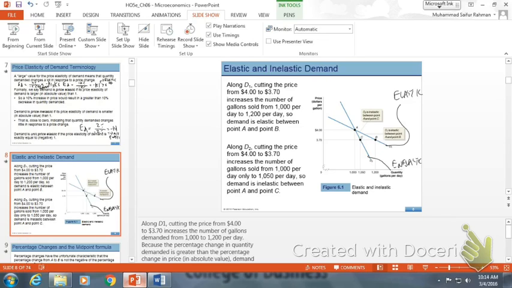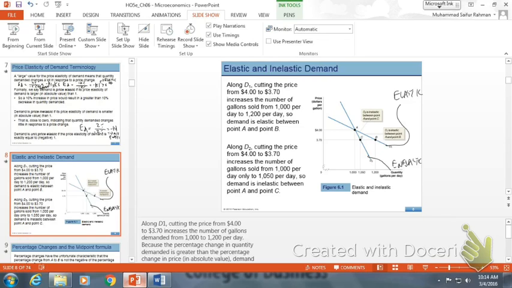In that case, for our D1, our old value is 1,000 because we are assuming prices are going down from $4 to $3.70.